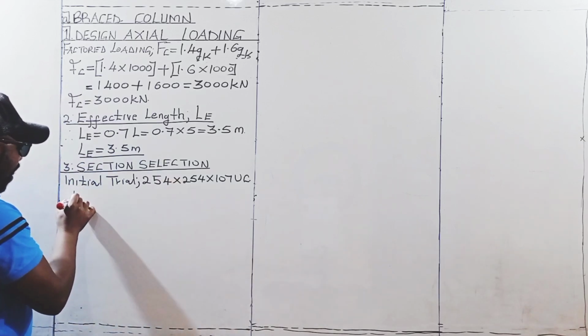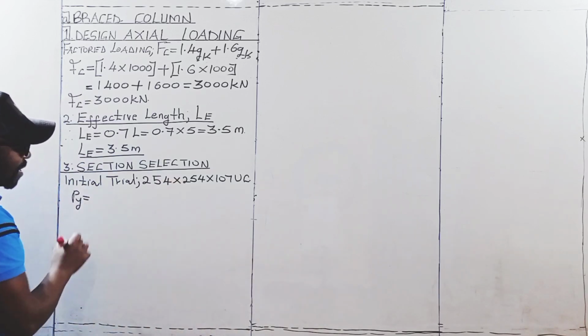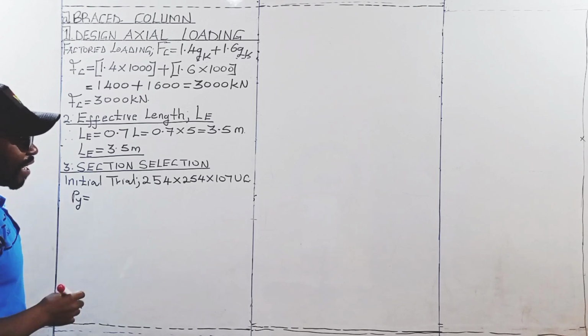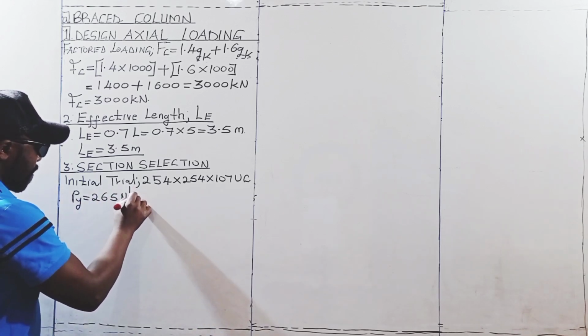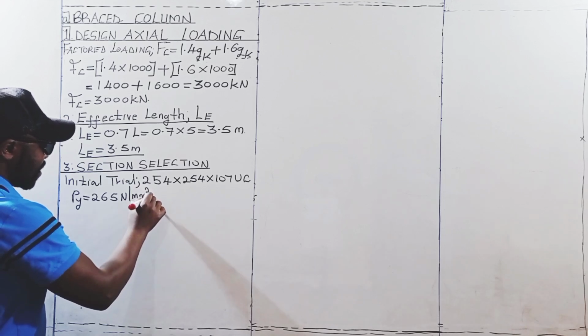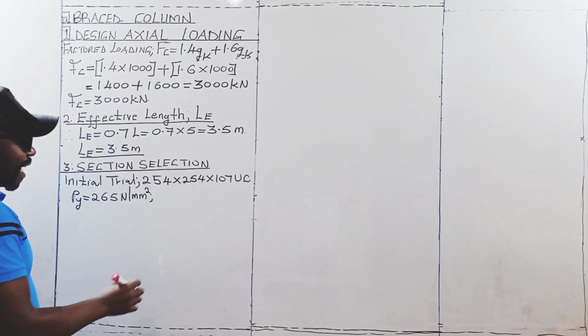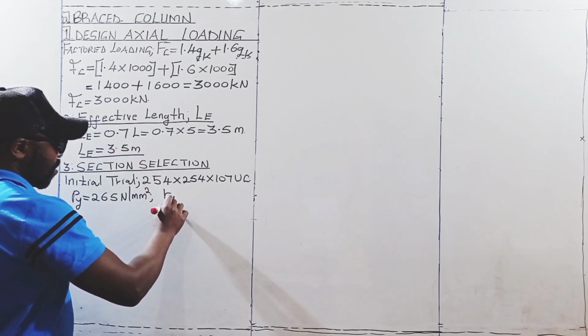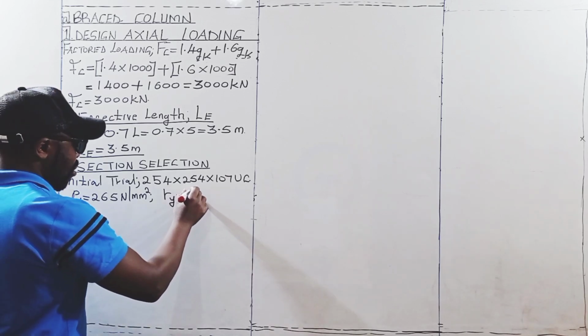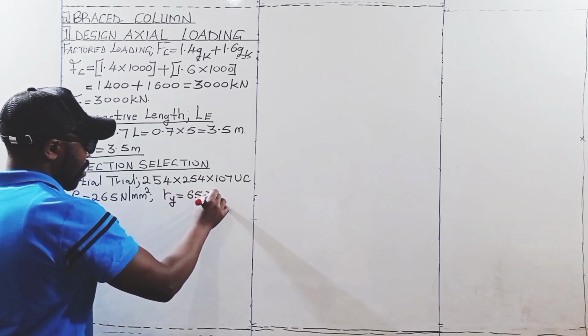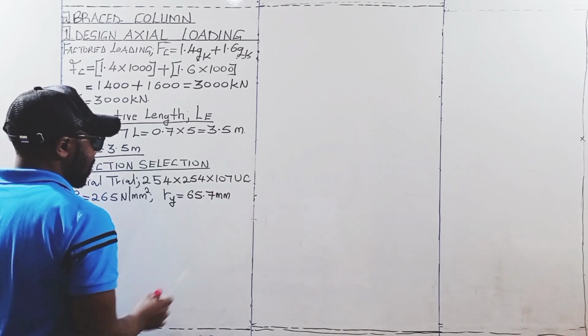This section has a design strength of steel of 265 newtons per square millimeter. It has a radius of gyration about the minor axis, that is about the YY axis, of 65.7 millimeters.